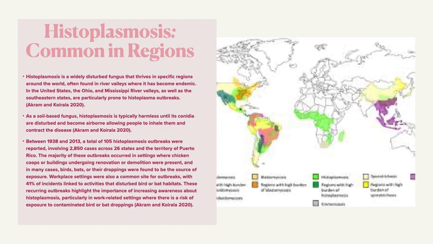Workplace settings were also a common site for outbreaks, with 41% of incidents linked to activities that disturb bird or bat habitats. These recurrent outbreaks highlight the importance of increasing awareness about histoplasmosis, particularly in work-related settings where there is a risk of exposure to contaminated bird or bat droppings.